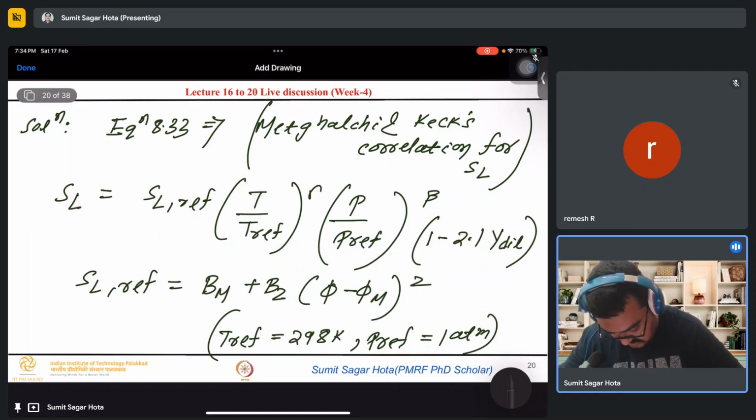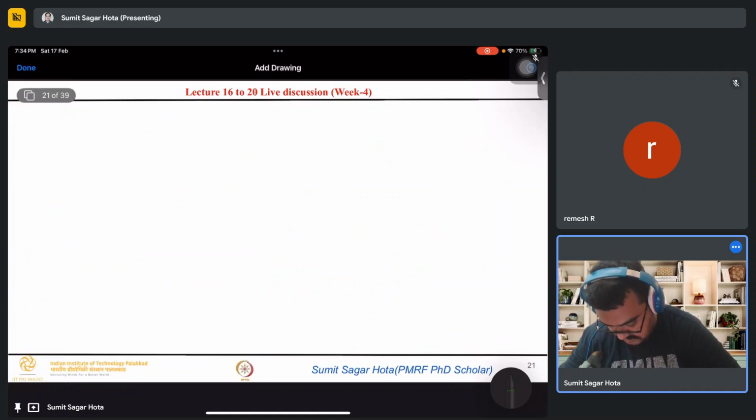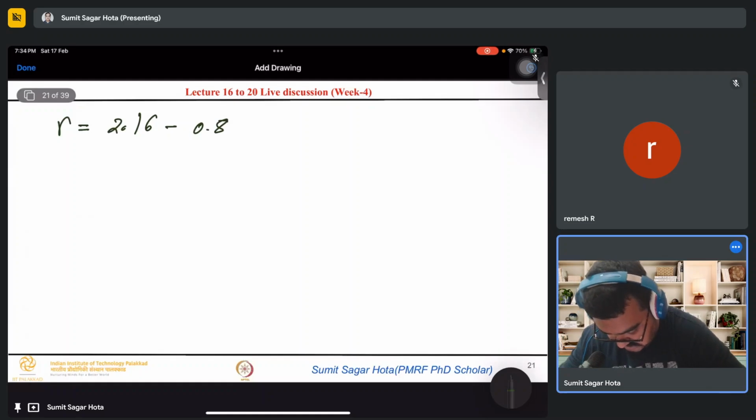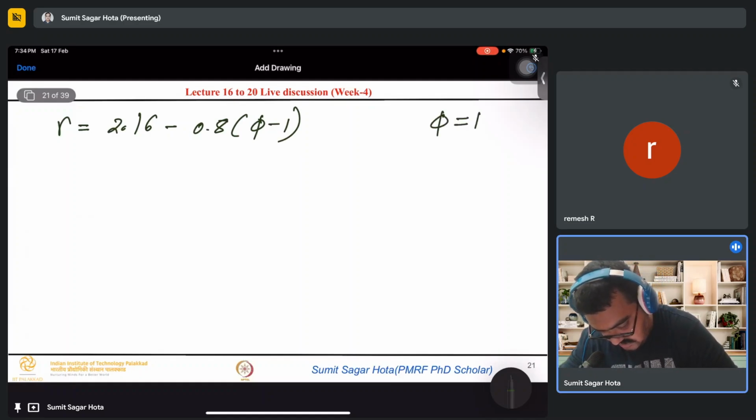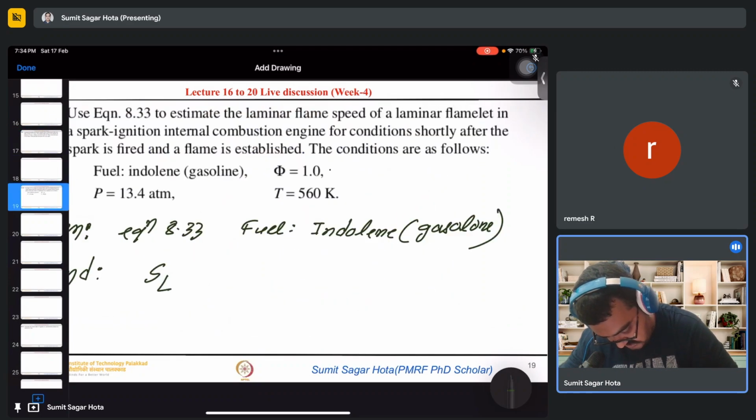Then how do we find gamma? Your gamma is equal to 2.16 minus 0.8 times (phi minus 1). Here nothing is told about phi, so we assume phi equal to 1. It's given phi equal to 1, T equal to 560 Kelvin, and P given. All the data are given.